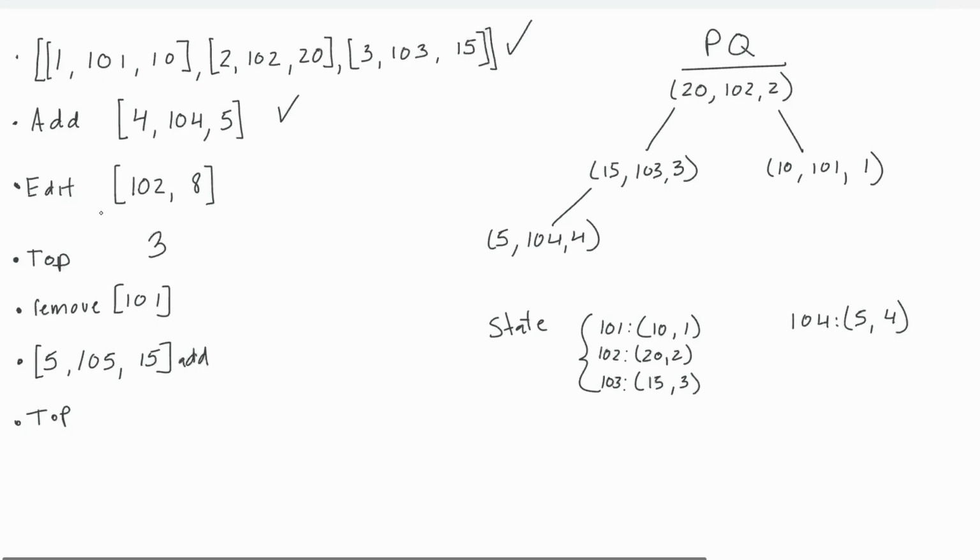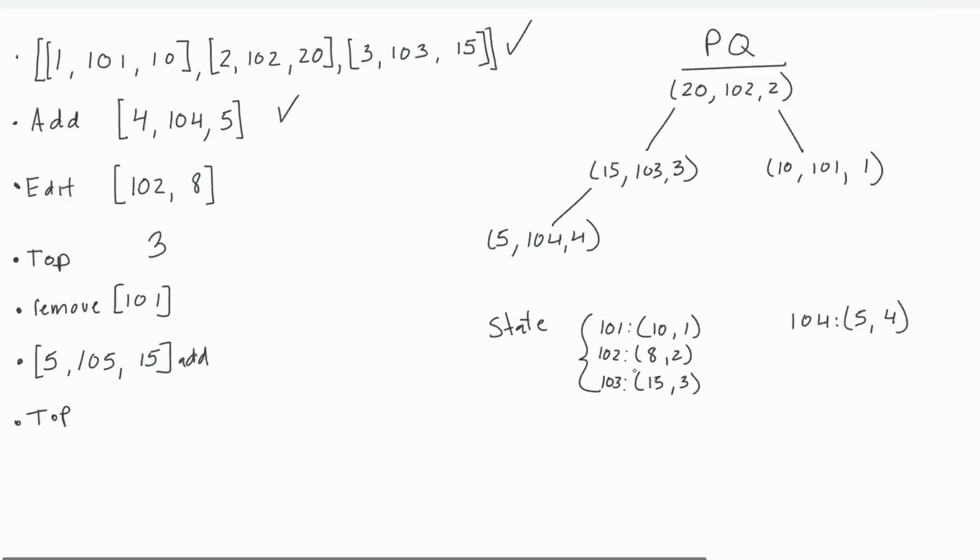So then we get to the edit step, and this is where you can kind of see what we're going to do and how we use the hash map. So now what we're going to do is we're going to update this state. And remember, this is going to keep track of the current state of each task, right? So we're going to update this priority here to be whatever we are now given.